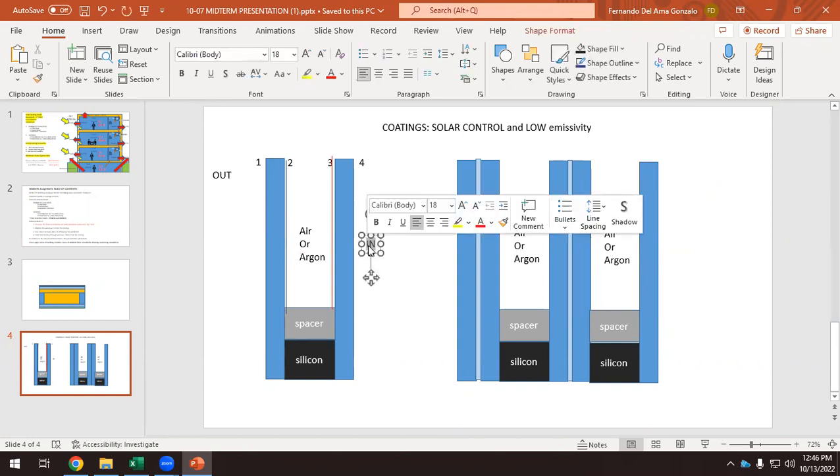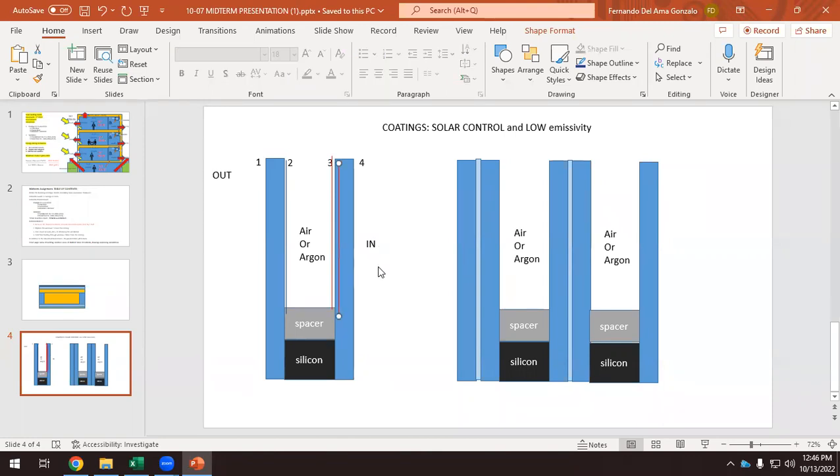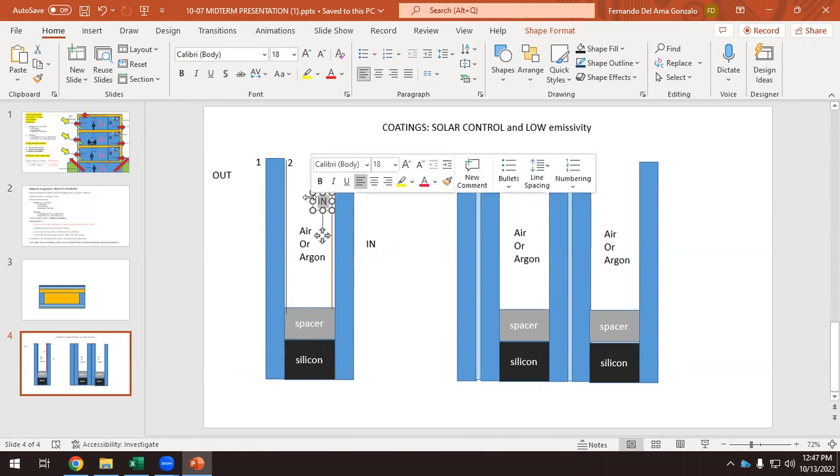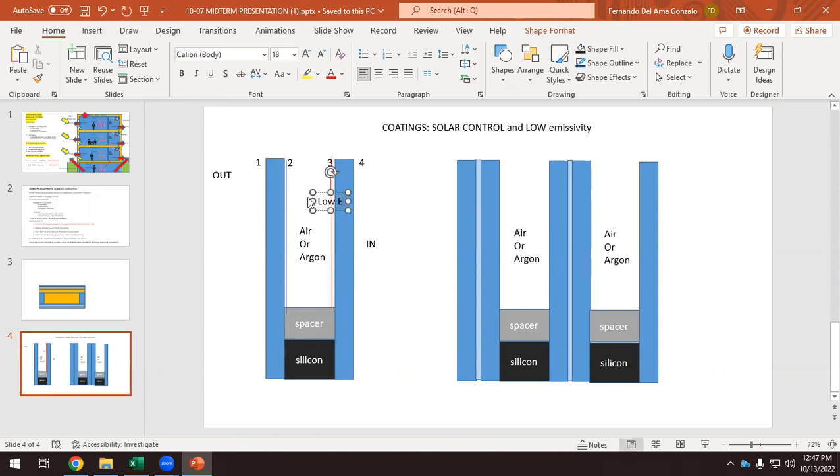So if I had to place both, I would place low emissivity on layer 3 and solar control on layer 2.